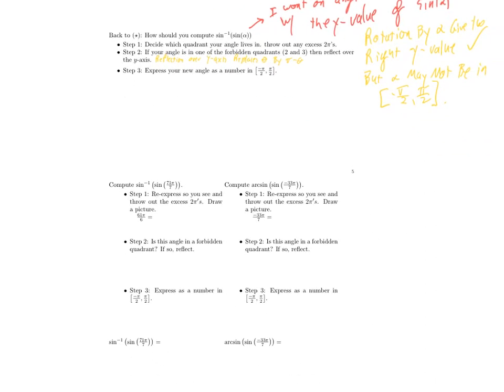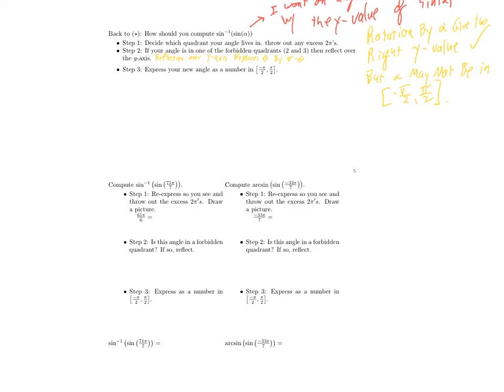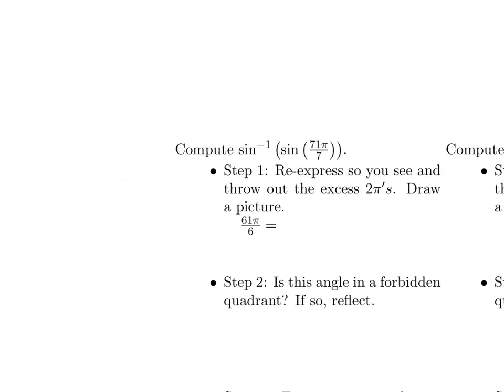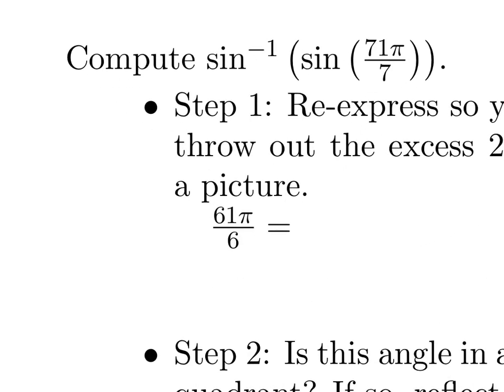So there's the plan. Let's use that plan to do some computations. Let's try to compute the inverse sine of the sine of 71 pi over 7. So step 1, let's get rid of the excess 2 pi's. So I'll take 71 pi over 7, and re-express it so that I see the extra 2 pi's, and then I'll throw them out.